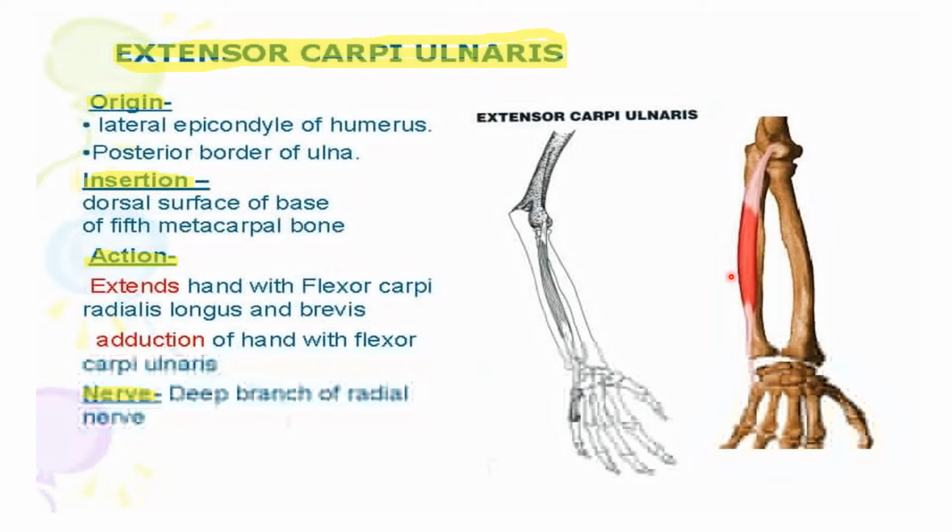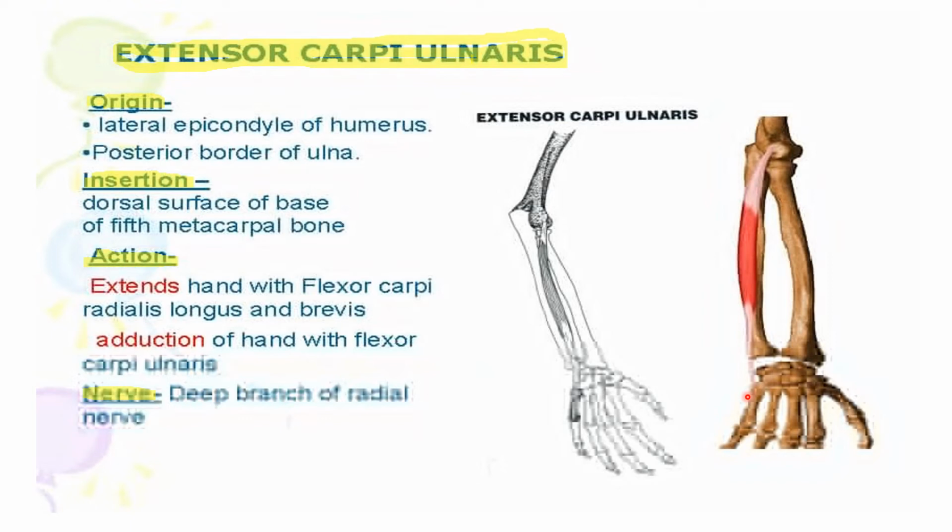Its tendon runs in the groove between the ulnar head and its styloid process through a separate compartment of the extensor retinaculum within the tendinous sheath of extensor carpi ulnaris, and it is inserted into the dorsal surface of the base of the fifth metacarpal bone. So this is the fifth metacarpal bone, and on its dorsal surface it is inserted into the base of the fifth metacarpal bone.